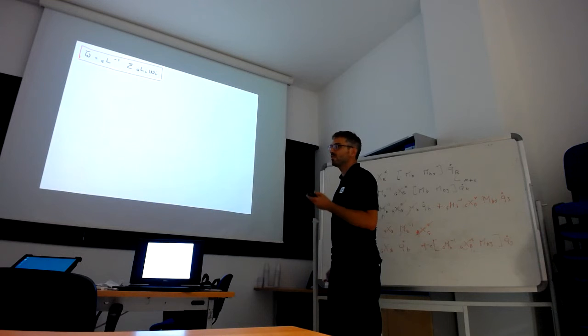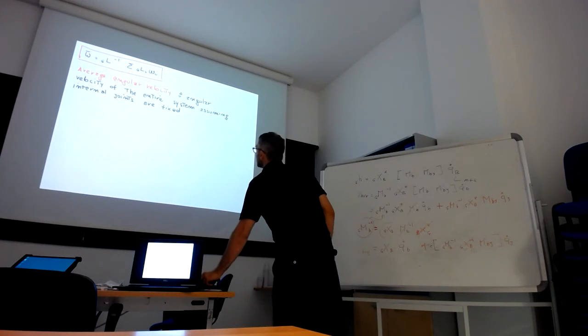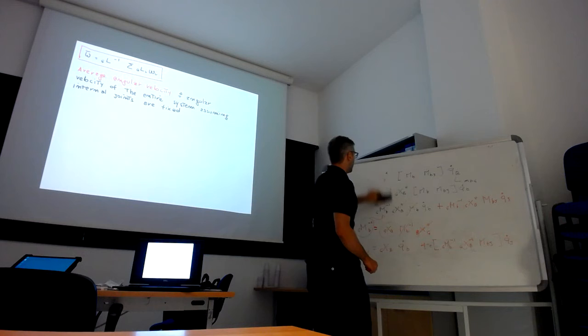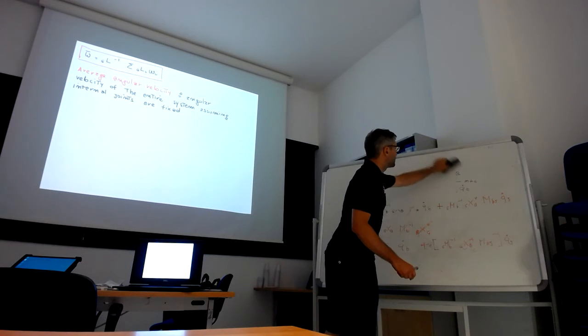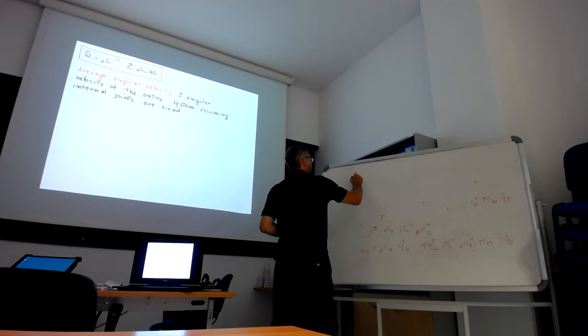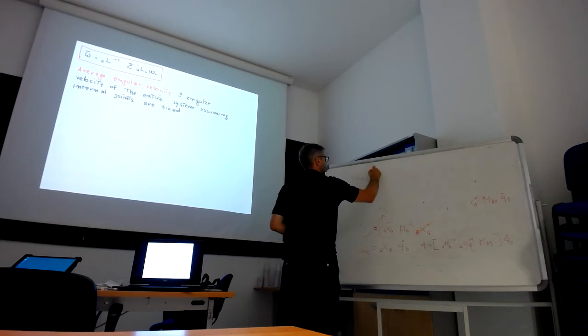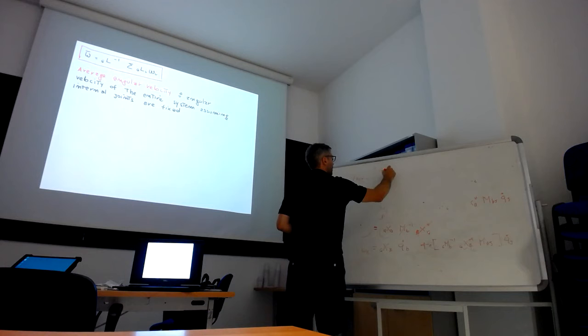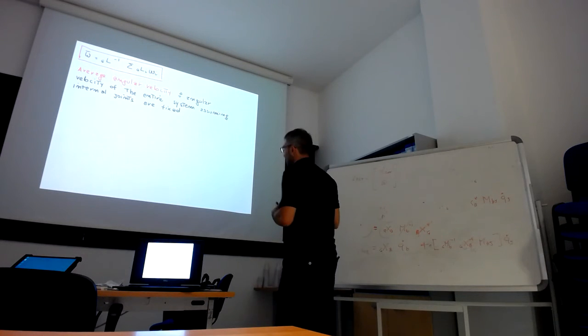So this spatial average velocity is nothing else than the linear velocity of the center of mass and a term that we call average angular velocity.